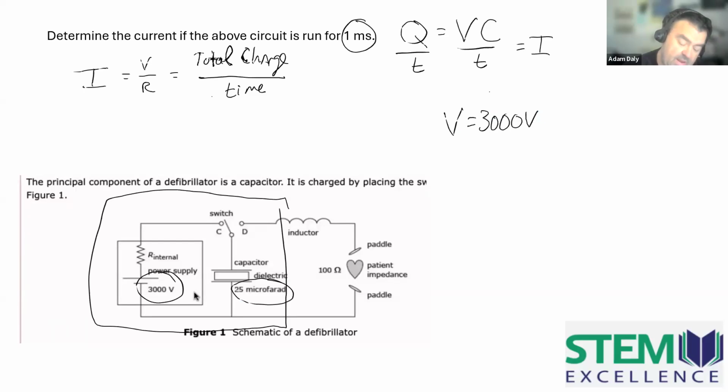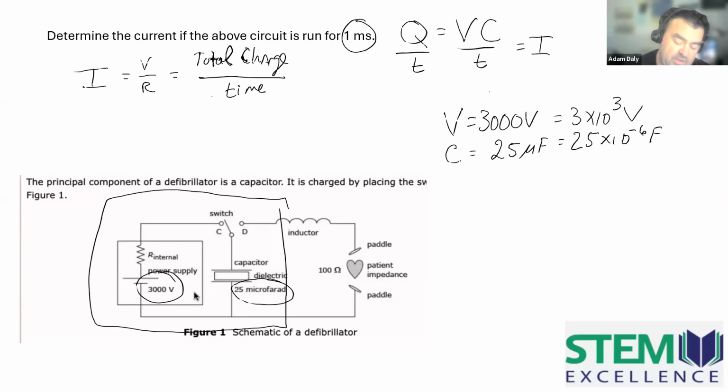And I'm going to put the capacitance immediately into scientific notation: 25 microfarads becomes 25 times 10 to the minus 6 farads.